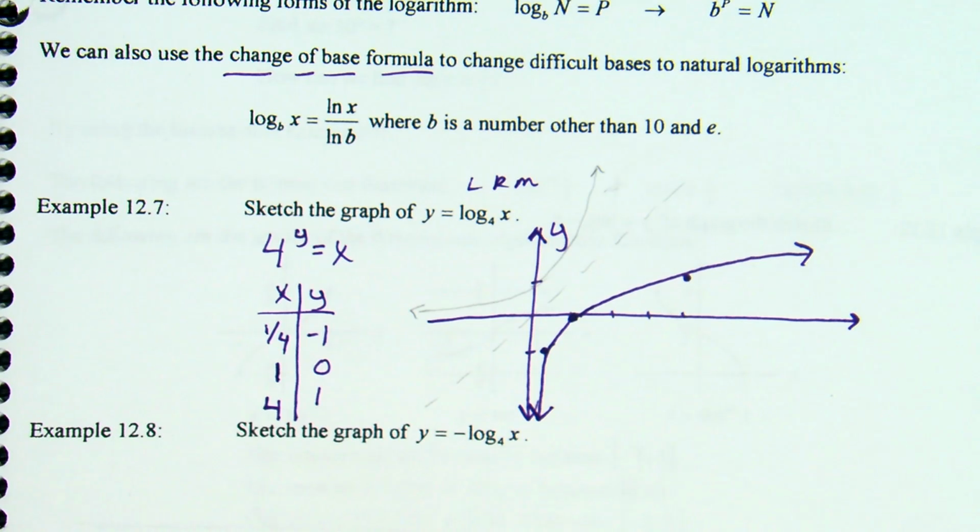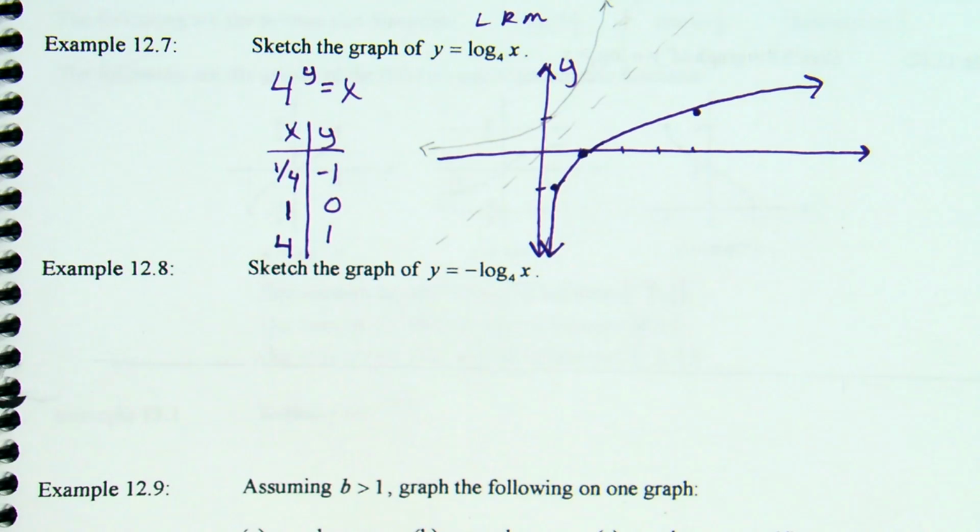Okay, next example. We're sketching y equals negative log base 4 of x. Thoughts? So it would be that, but reflected over the x-axis, right?